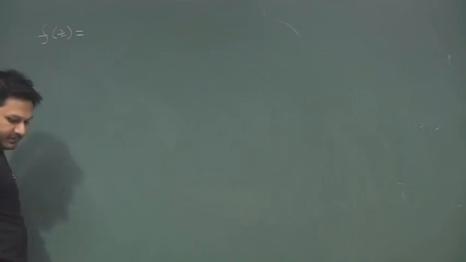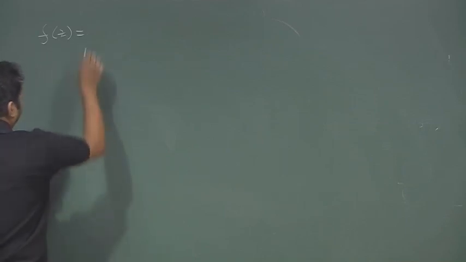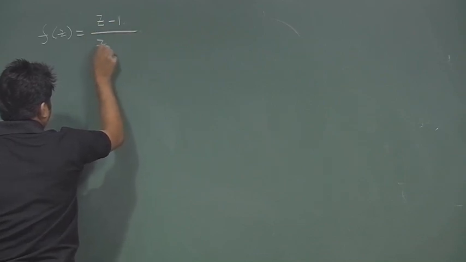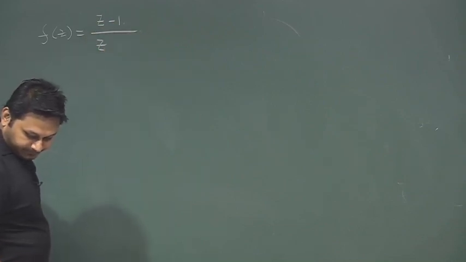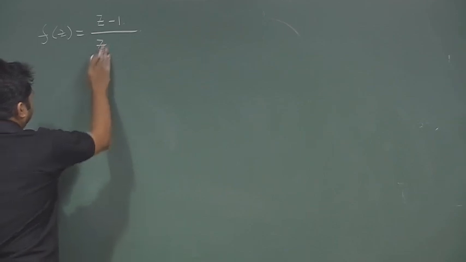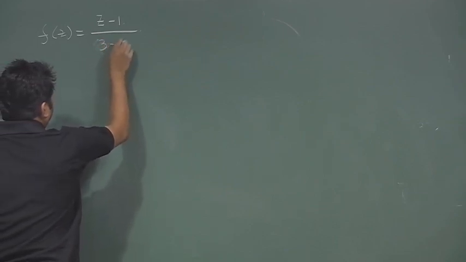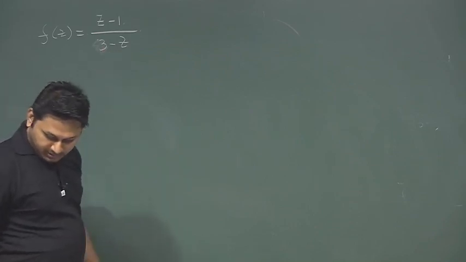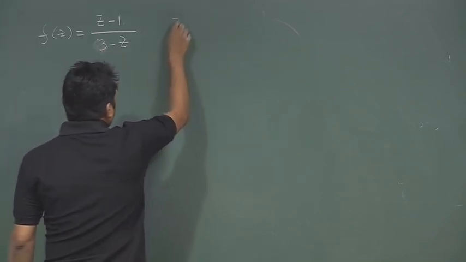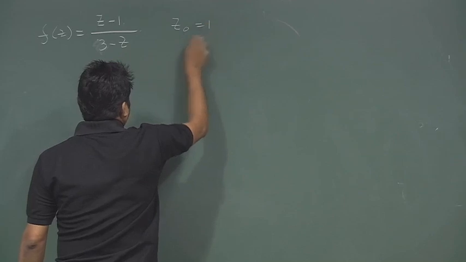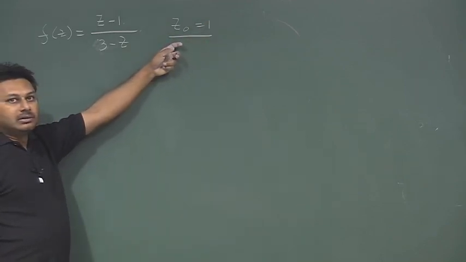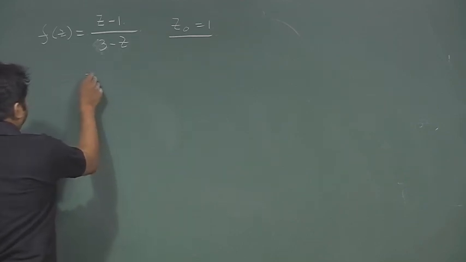f(z) is given as (z minus 1) divided by (3 minus z). We need to expand this around the point z0 equal to 1. This is the point where we need to expand my function.